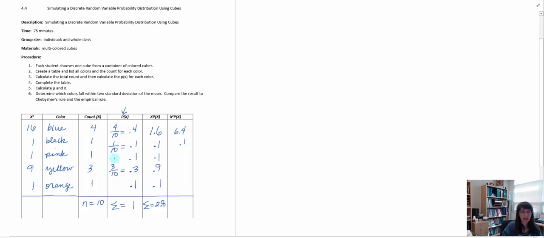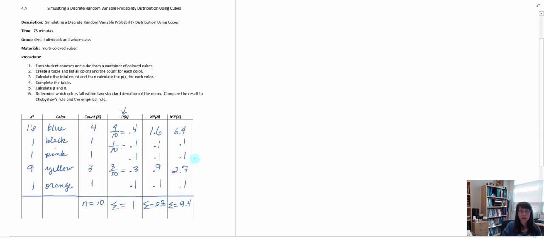Then we have 1 times 0.1 again. Then we have 9 times 0.3. That would be 2.7. And finally, 1 times 0.1 again is 0.1. So we need to find the sum for this column as well. So the sum is 9.4.